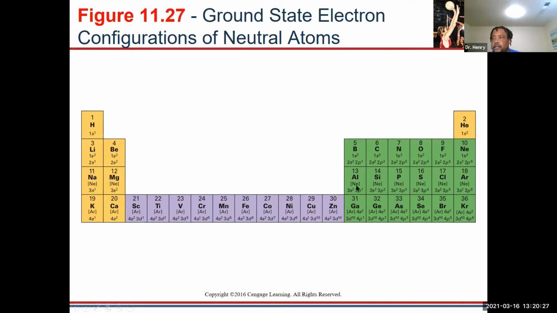Now, you'll notice that we're using the core. We've talked about the core, right? The core helps us out quite a bit on so many levels. It keeps us from making little mistakes. These are all neon, because neon is the noble gas right before these particular atoms, and so we use that as a core.